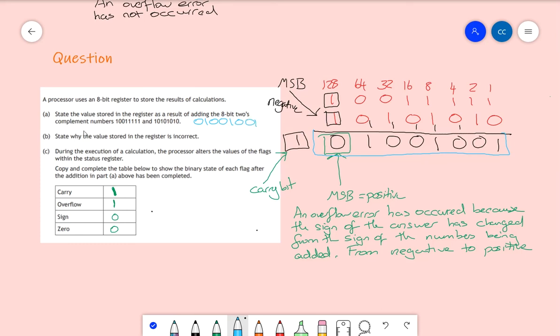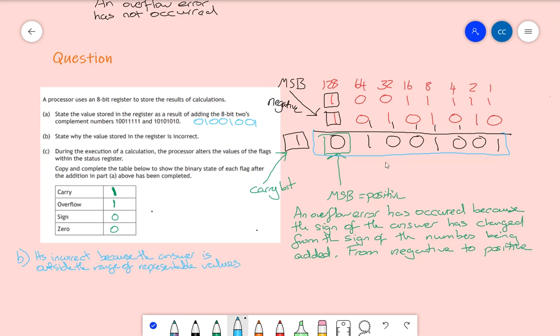And for part B, it says state why the value stored in the register is incorrect. It's incorrect because the answer is outside the range of representable values.